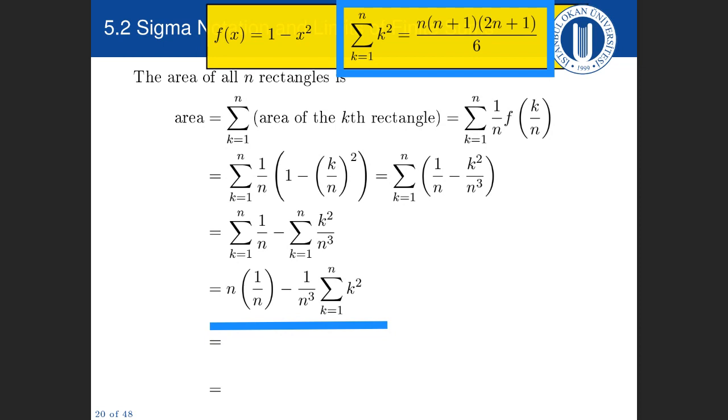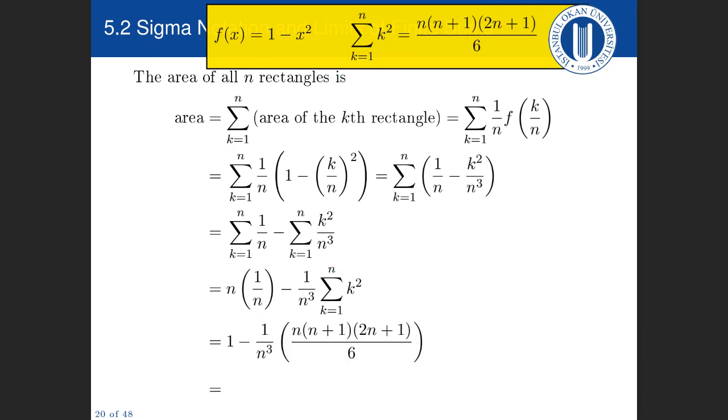So I want to take that and put that in here. 1 minus 1 over n cubed multiplied by n plus 1, 2n plus 1 over 6. Or cancel out the n's, we get 1 minus 2n squared plus 3n plus 1 divided by 6n squared.